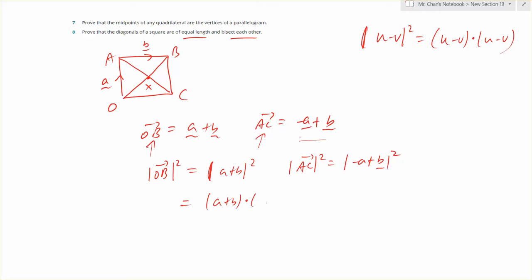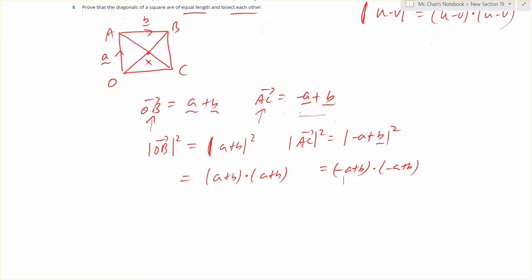When I rewrite that as A plus B dotted with A plus B, and similarly negative A plus B dotted with negative A plus B, I can check whether they're actually equal. Now let's do the dot product expansion. Knowing our dot product rules, that will be A dot A plus A dot B plus B dot A plus B dot B.